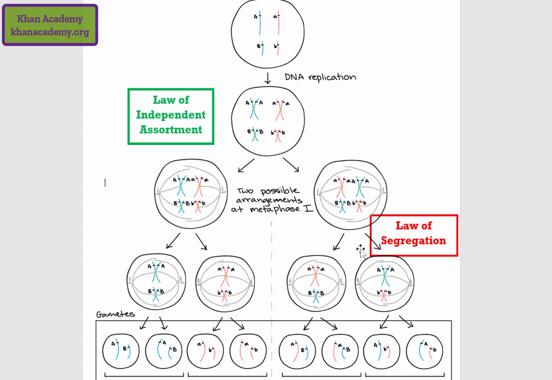we know that telophase comes next, so it would be better to say that telophase 1 is the first indication that the law of segregation is valid. It is true. It does happen.